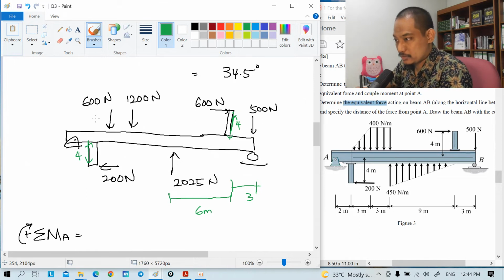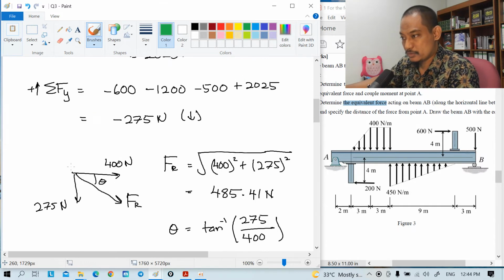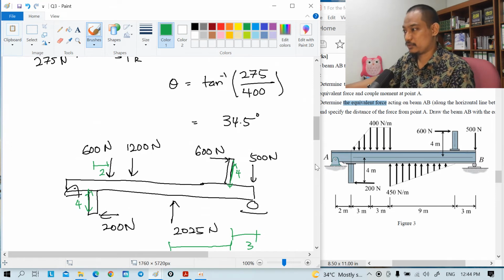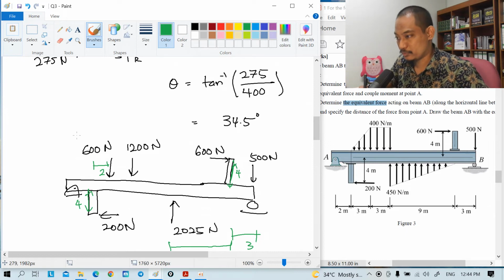This one is 1, right? For the 600. Sorry, 2. And that one is another 1 plus 1.5 equal to 2.5.